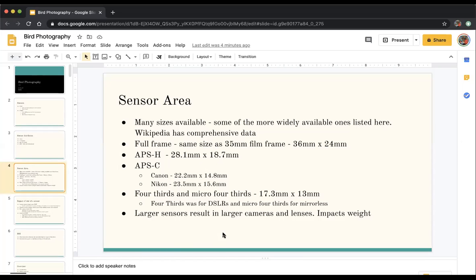But one thing to note is that the larger the sensor, it typically results in a camera that is correspondingly bigger in size, and the lenses also tend to be affected by that.